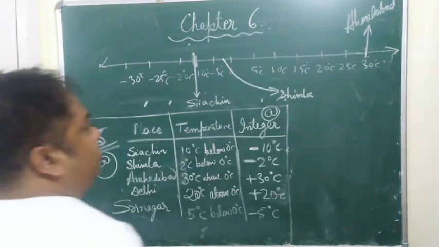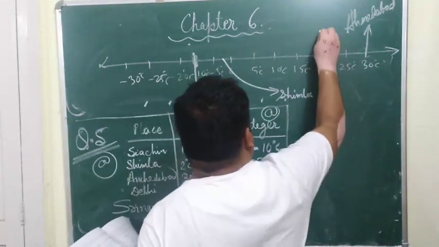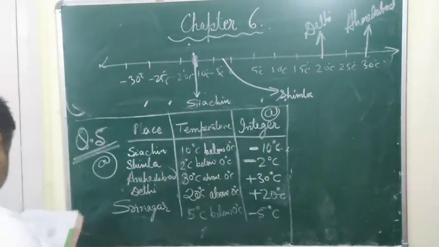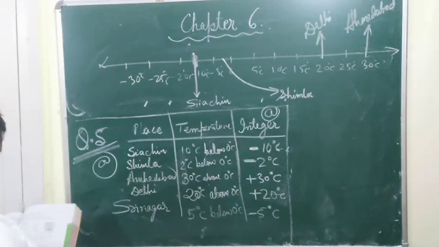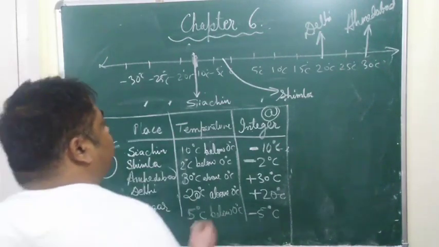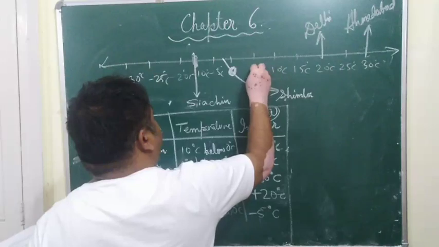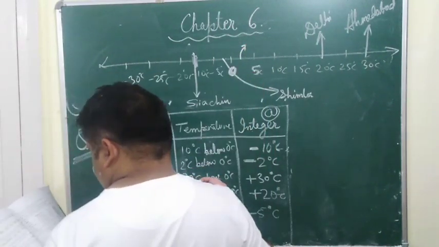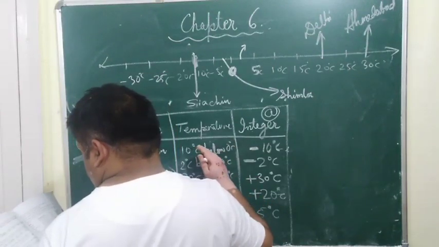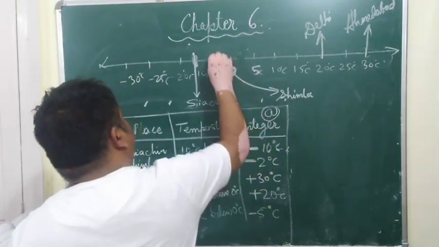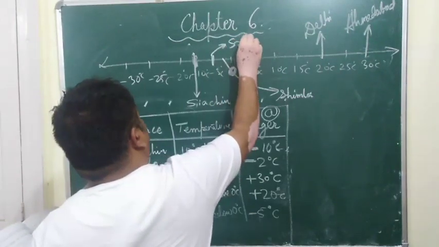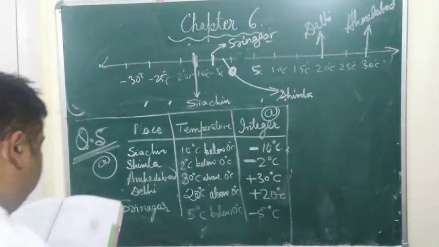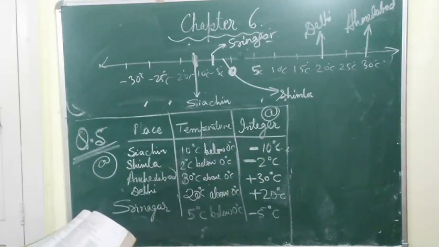Delhi is plus 20. This will be Delhi. And Srinagar is from 0 to 5 degrees C. So here. No, it is minus 5 degrees C. This one is Srinagar. So places are located.